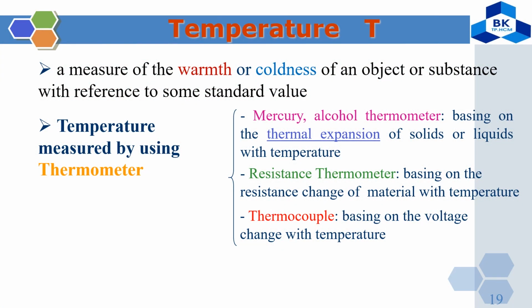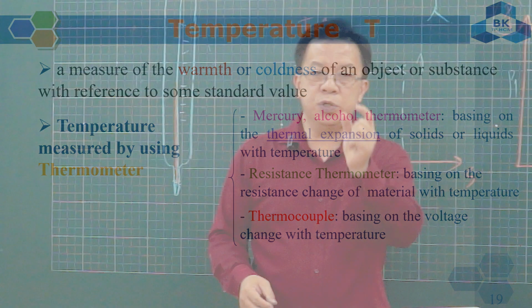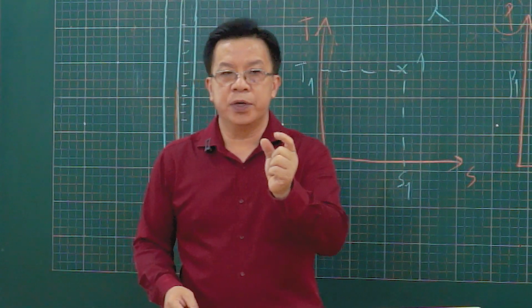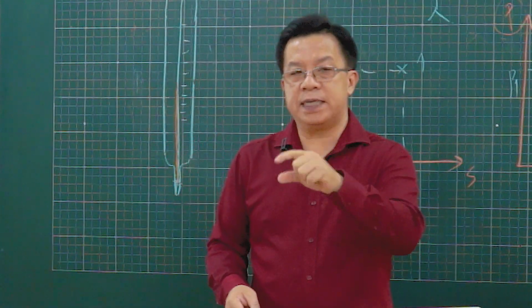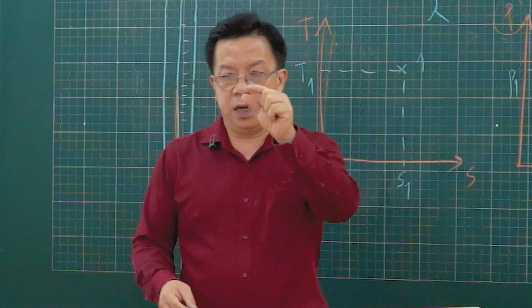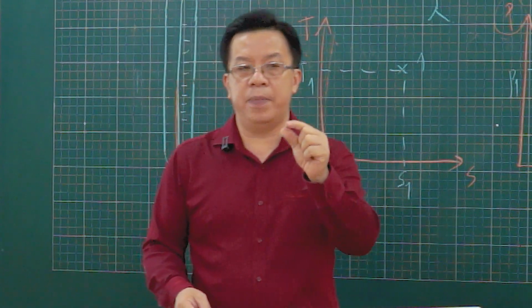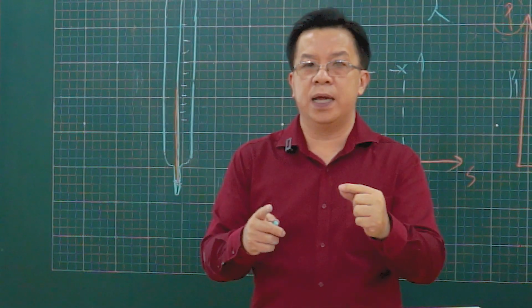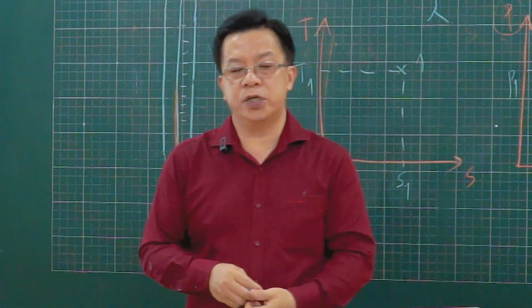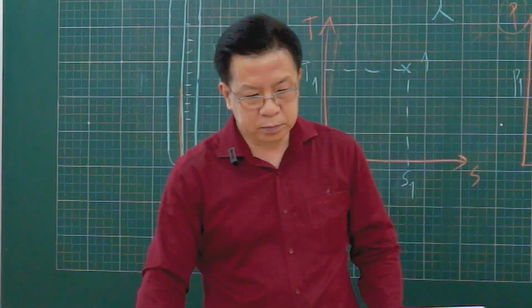Or the thermocouple. For the thermocouple, we use two different kinds of metals, and when in contact with the temperature, the different metals will expand in different ways. So in this case, we can also measure the temperature.